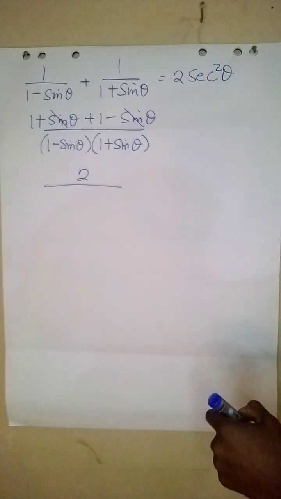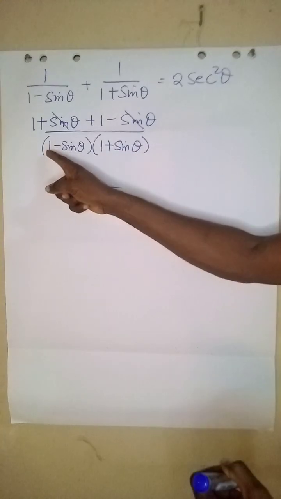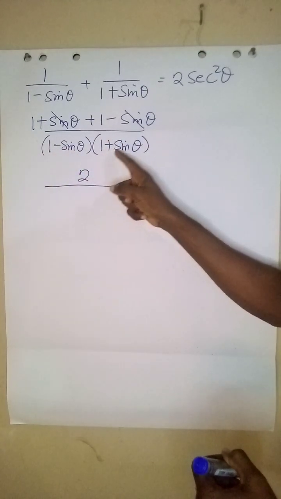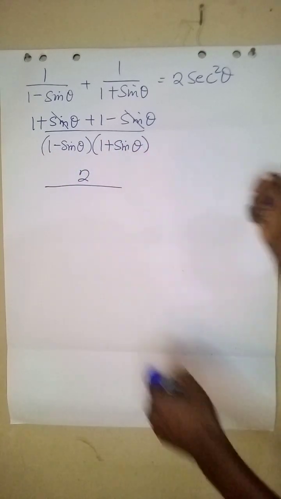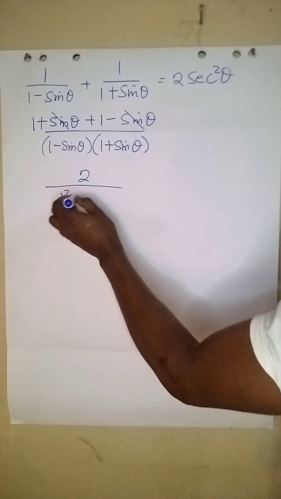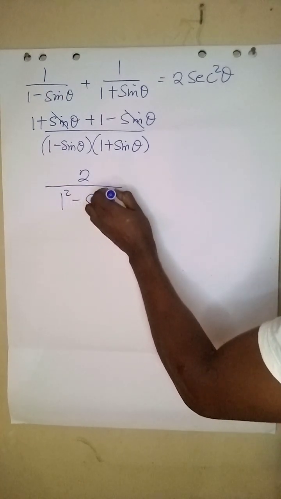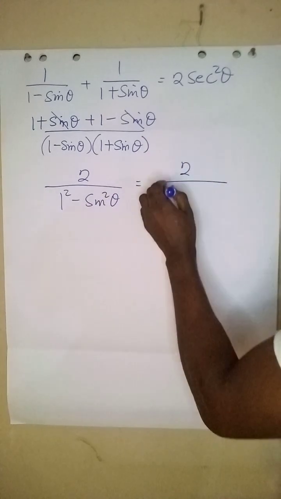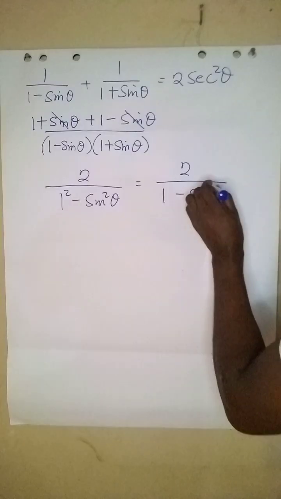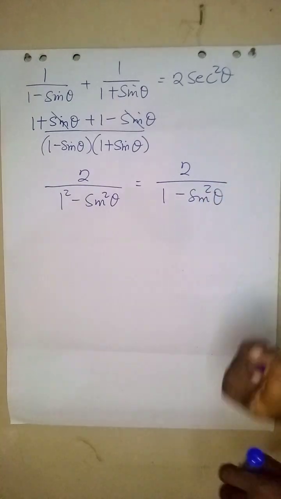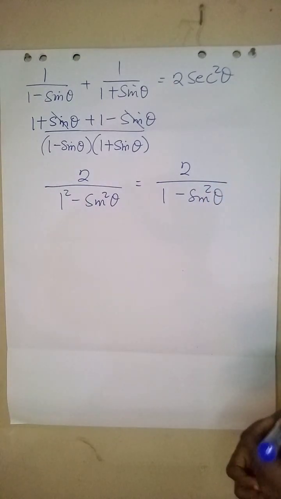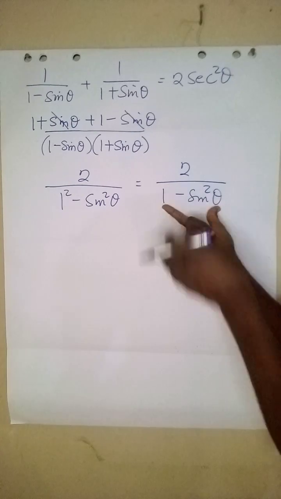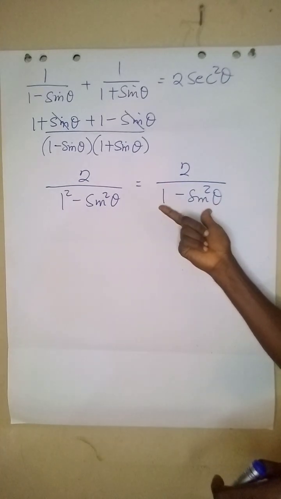So we can apply the difference of two squares, because you have 1 minus sine theta and 1 plus sine theta. So we can have this as 1 squared minus sine squared theta, and this is going to give us 2 over 1 minus sine squared theta. Among the relations I gave you on your screenshot, you discovered that this is cos squared theta.